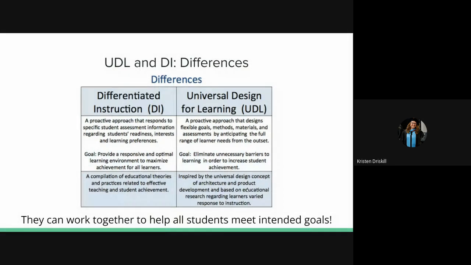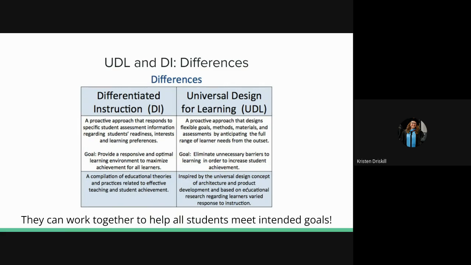So again, UDL is a proactive approach that designs flexible goals, methods, materials, and assessments by anticipating what students might need to access the instructional opportunity. The whole goal is to eliminate barriers, right? So eliminating the barrier before it even happens.